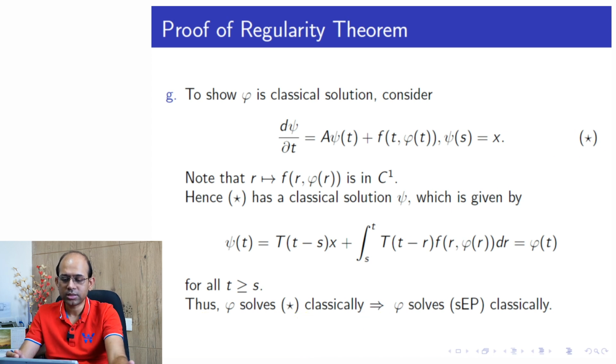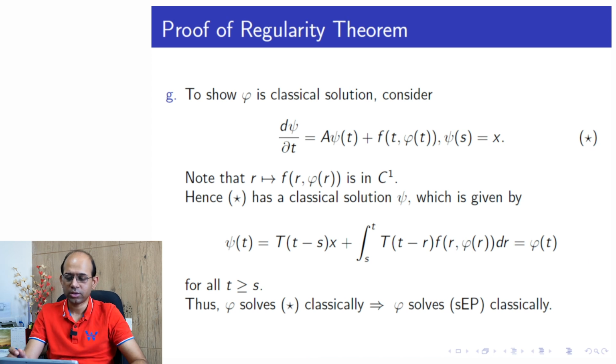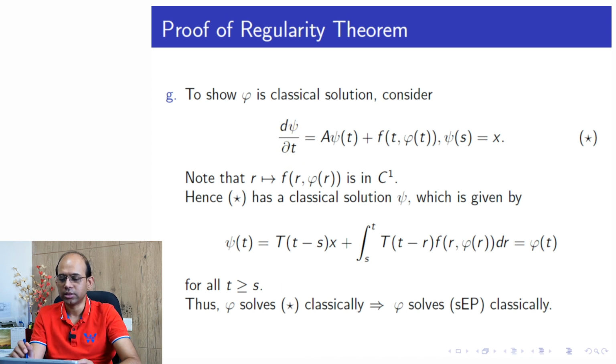But what is this? This is exactly the ACP. If I replace phi here, it is d phi dt equal to A phi t plus f of t comma phi t. So that means phi solves the ACP classically. Of course, the way we have proved it does not prove uniqueness, because here I just showed that if I replace phi, then it solves.